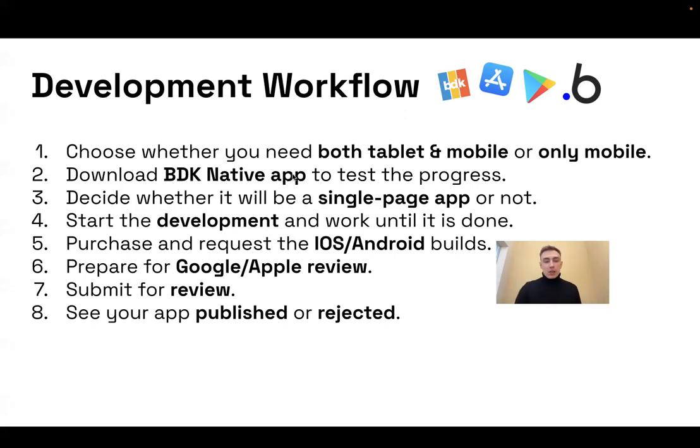The second step is to download the BDK Native app to test the progress. BDK also offers this BDK Native app, and you can access it either via the Play Store on Android or use a special TestFlight link on the BDK Native website to download it on your iOS device.